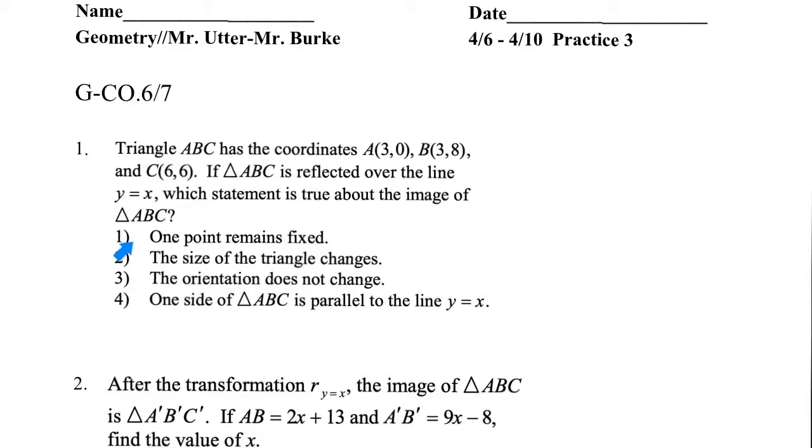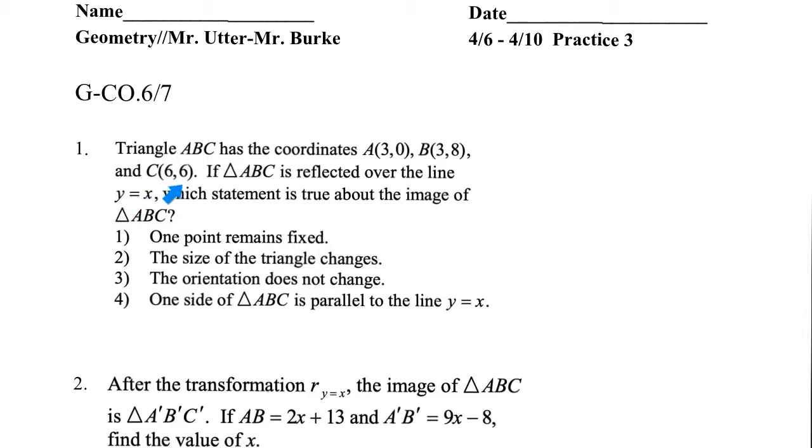The first one here is one point remains fixed. Well, that would be true if one of our points, A, B, or C, is on the line y equals x. And if you're on the line y equals x, then each of your x and y are going to be the same number, because the y is equal to the x and vice versa.